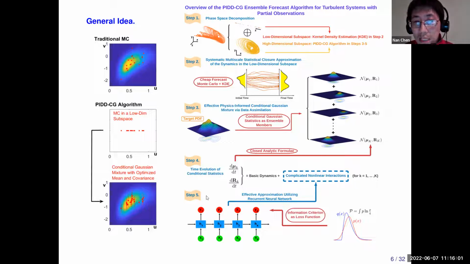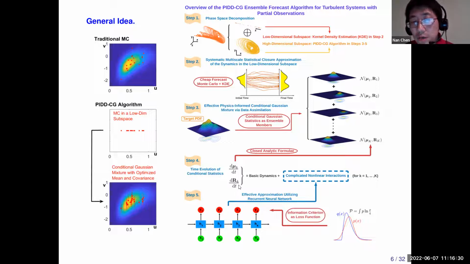So what we do as the last step is we still keep the basic dynamics of these moment equations, but we replace the complicated nonlinear interactions in the moment equation by some much cheaper recurrent neural network. And using this neural network, we can compute these moment equations in a much more efficient way. And note that here the target is these moments, the mean and the covariance.